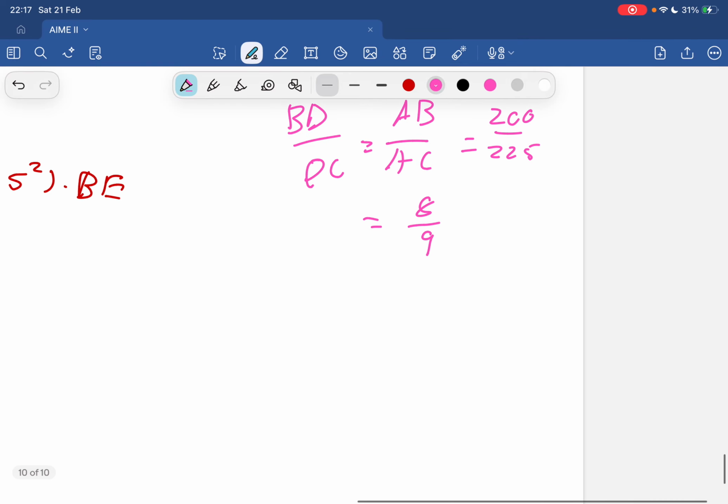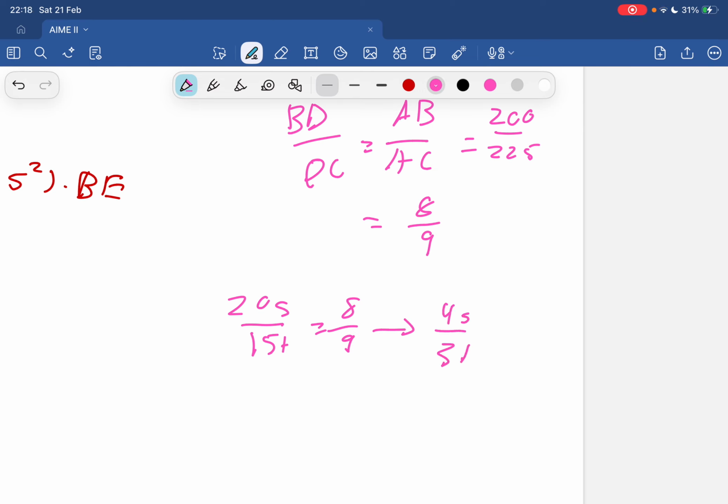Once we substitute 3 and 4 into the equation, we get 20s over 15t equals 8 over 9, becoming 4s over 3t equals 8 over 9, which simplifies to 3s equals 2t.